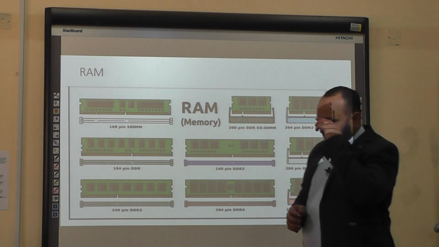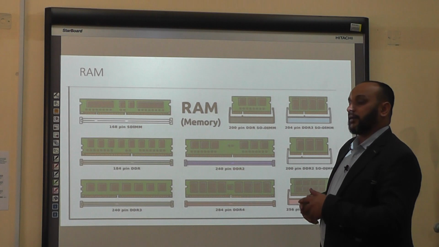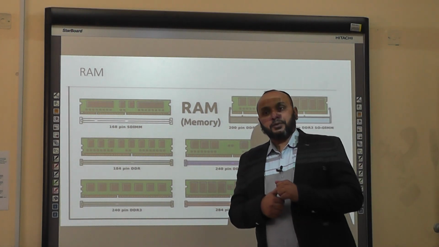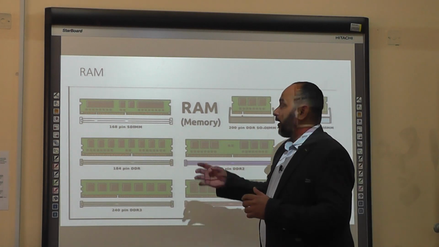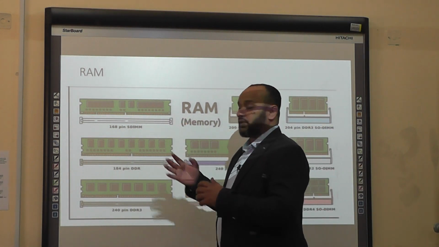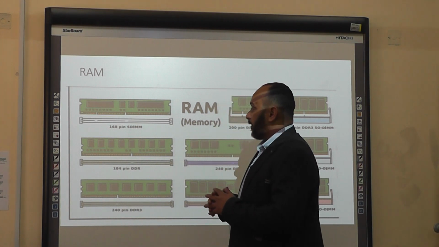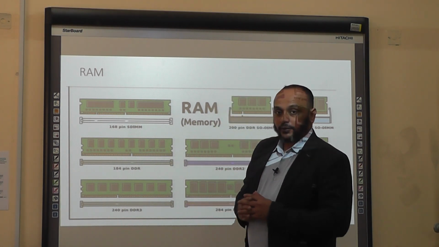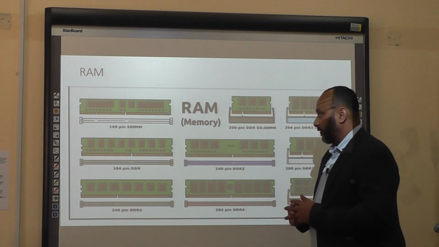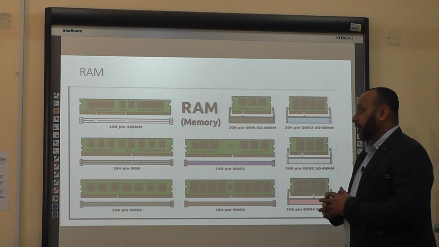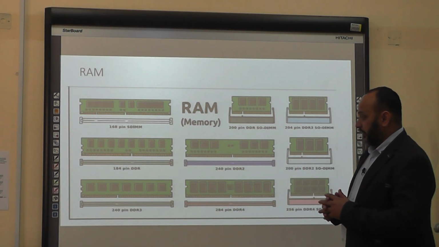About RAM, there are different types of RAM in desktop computers and laptops. The difference is size, you know this. Before, we were using SD-RAM, which is 128 pins, and then after that DDR RAM with 184 pins, then DDR2 RAM 240 pins, after that DDR3 RAM 240 pins again.